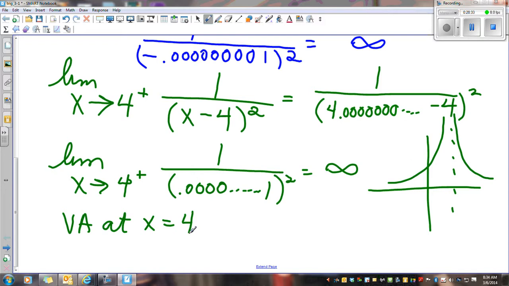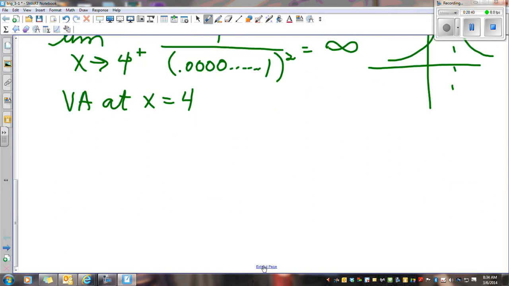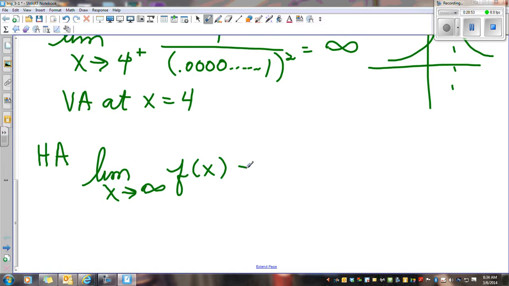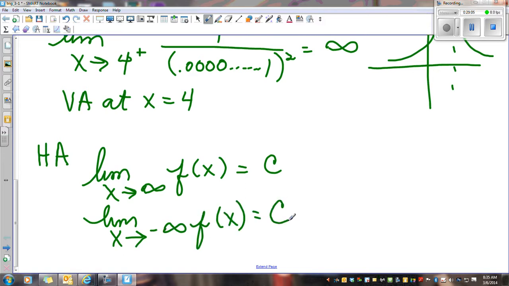All right, now we're going to talk about something else. We need to talk about horizontal asymptotes. They occur when the limit as x goes to infinity of our function goes to some value c, and the limit as x goes to negative infinity of our function goes to some value c.